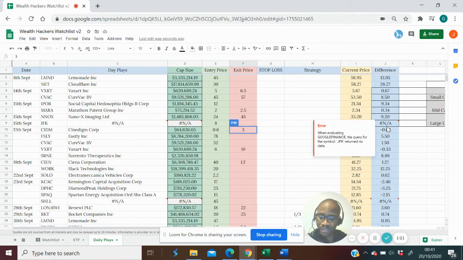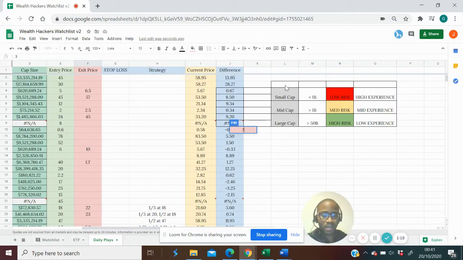One more important thing is that this has been divided according to your risk. So if you're a newbie, please only trade the large caps, which is more than $50 billion. If you think you're mild in terms of your experience, then you could trade the medium cap.